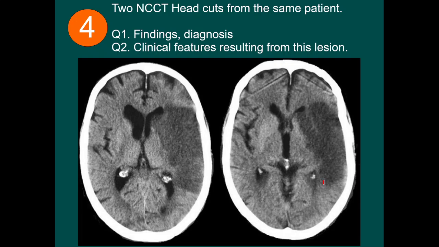CT: finding, diagnosis, and the clinical feature resulting from the lesion. Just look at the slide, try to make the finding. What are the findings shown over there? This area is hypodense. Here you are getting the choroid plexus calcification.